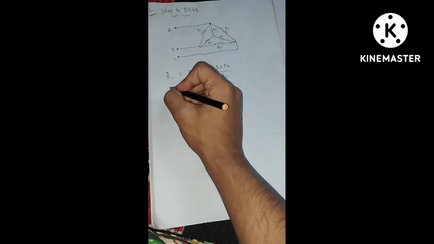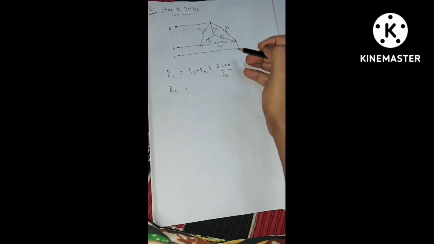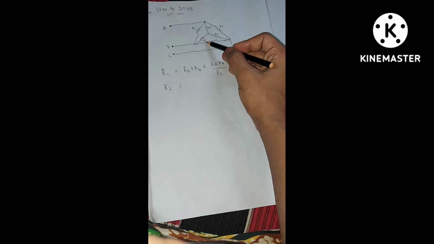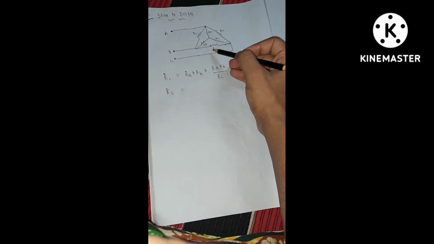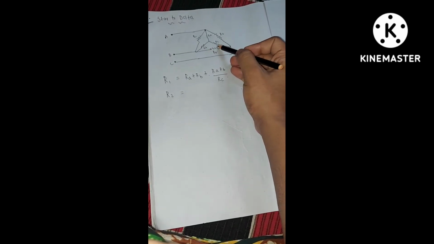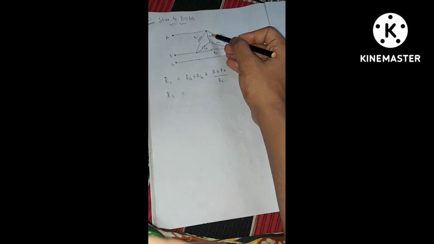Similarly, R2 we can easily find. R2 will be equal to RB plus RC plus RB into RC by RA.